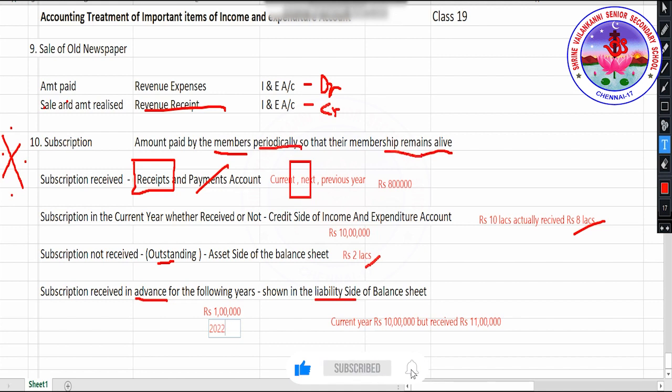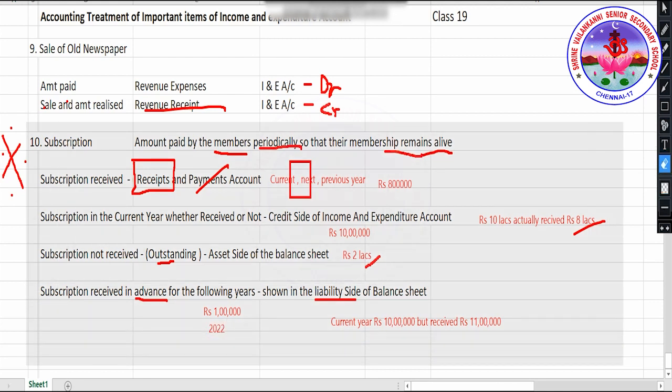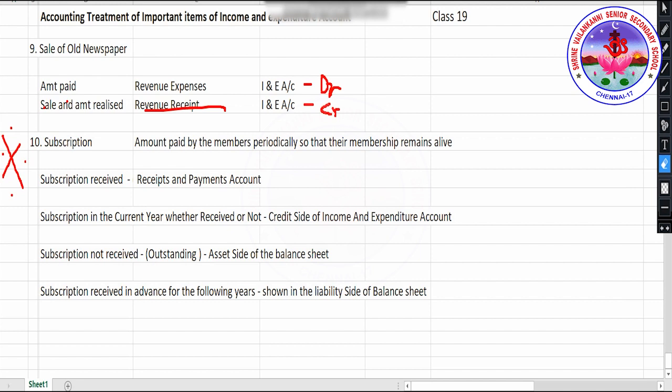Once more, let me recap this concept. You need to be very clear. Subscription is the amount paid by the members periodically so that their membership remains alive. Subscription received is the amount actually received, not what is supposed to be received.